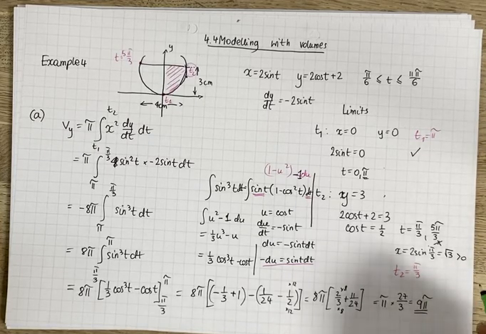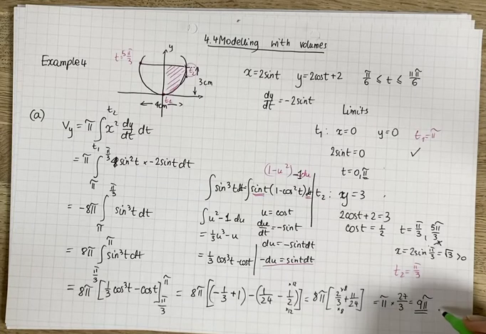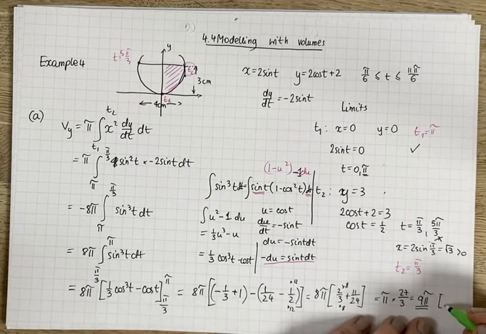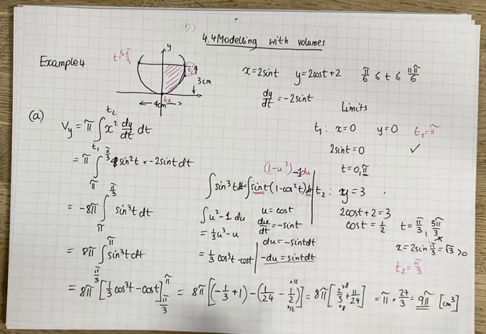That's a nice number. So the volume is 9 pi centimeters cubed. So this is part A.